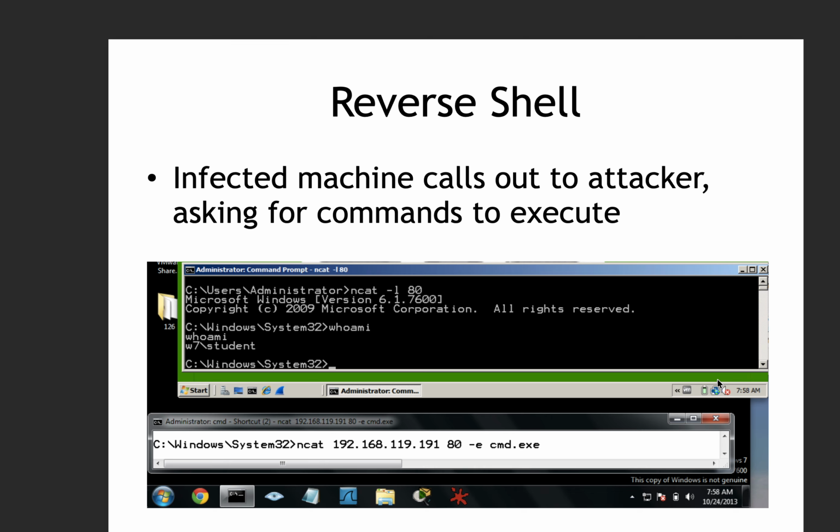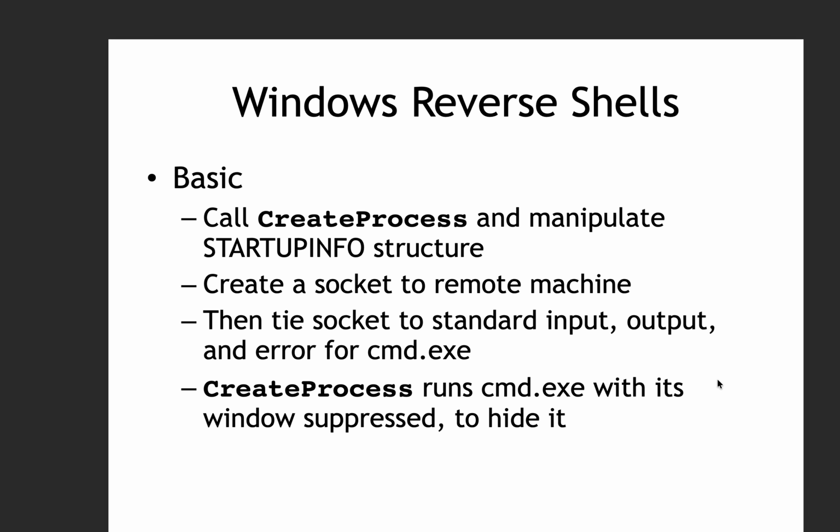That is what we call a reverse shell. A non-reverse shell, or a default shell, is basically when we create it on our own machine. But a reverse shell is when the infected machine calls out to another machine, and actually calls out for commands. So it's like it's in reverse.